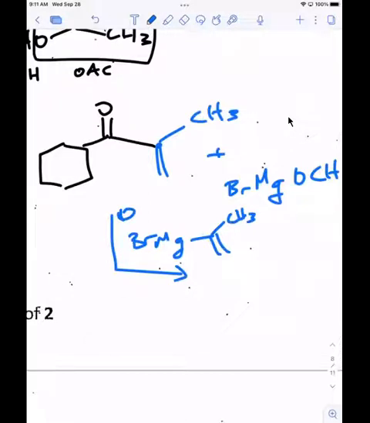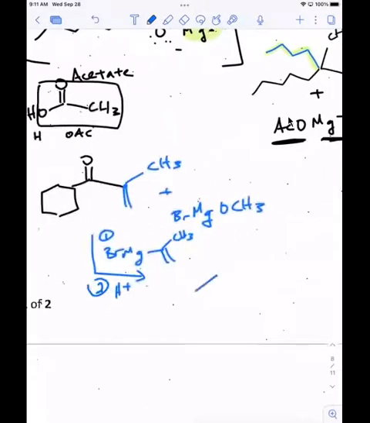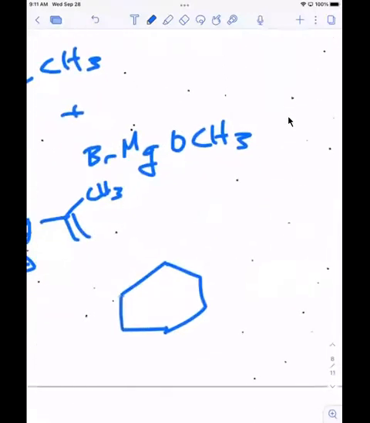If you add another one, will it be an alcohol? Eventually, yes. So I'm going to add another mole of Grignard and then quench it. And when I do that, since I'm starting out with a ketone, I should get a tertiary alcohol.